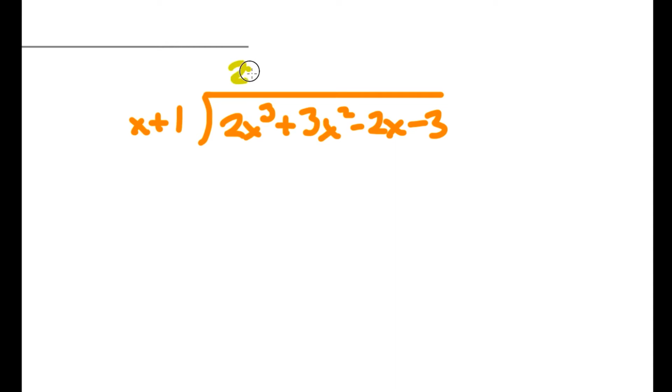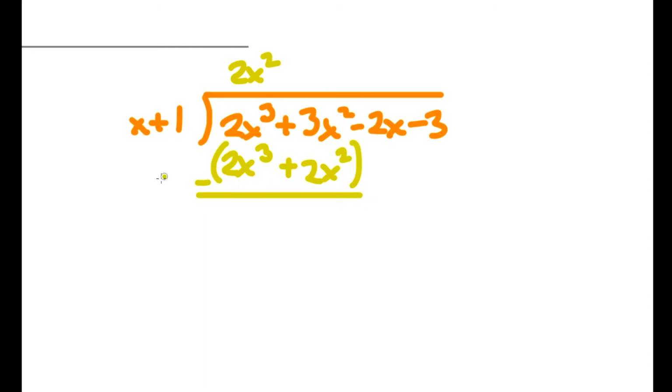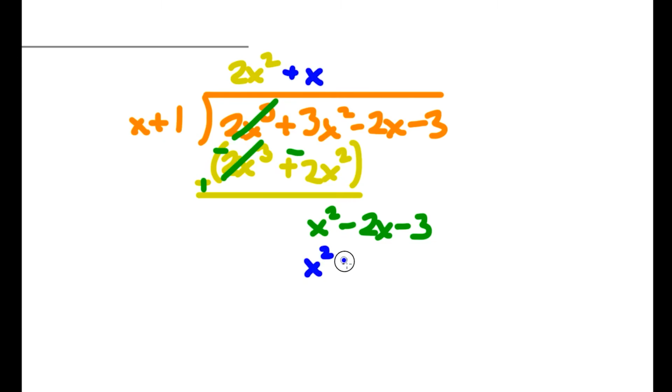All right, so we're going to have a 2x squared here, and this is going to be 2x cubed plus 2x squared. Parentheses, we're going to subtract this off here. Cancel, cancel, and you're left with x squared minus 2x minus 3. Okay. We're going to multiply this by x here, and you're going to get x squared plus x in parentheses, and then we're subtracting off here.